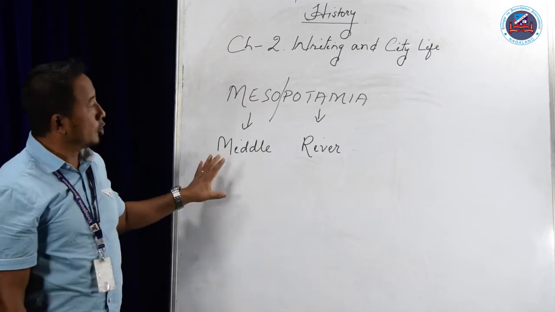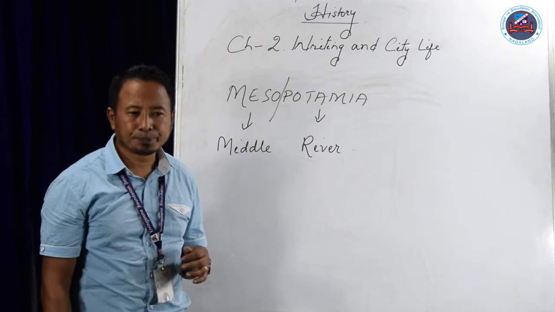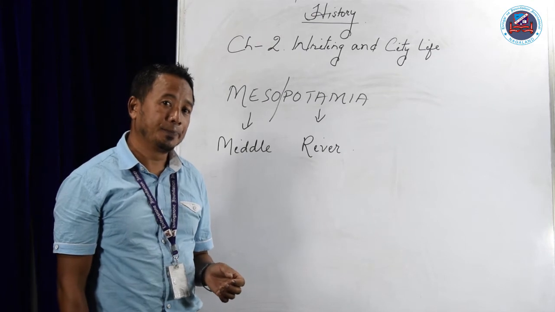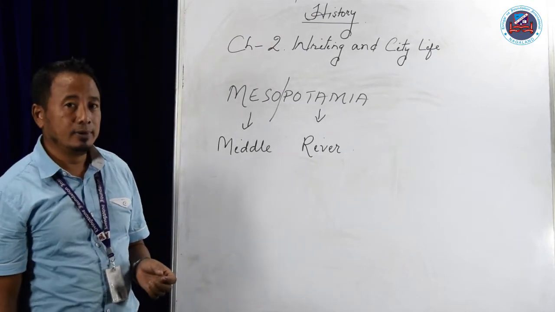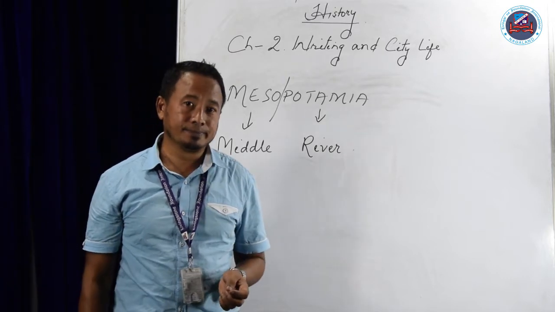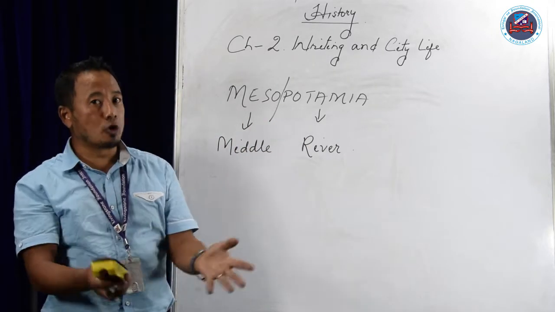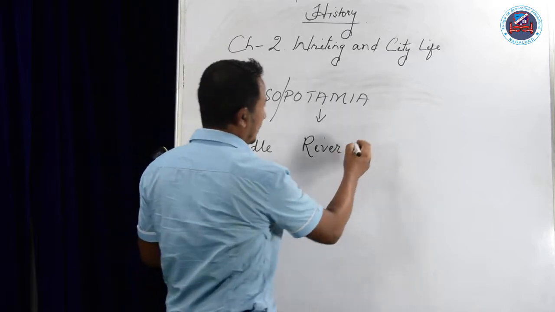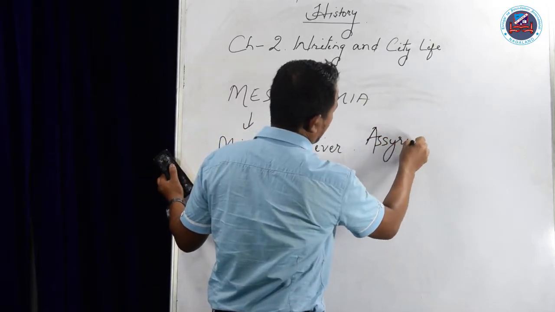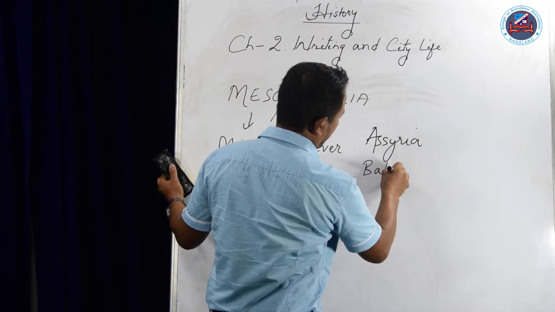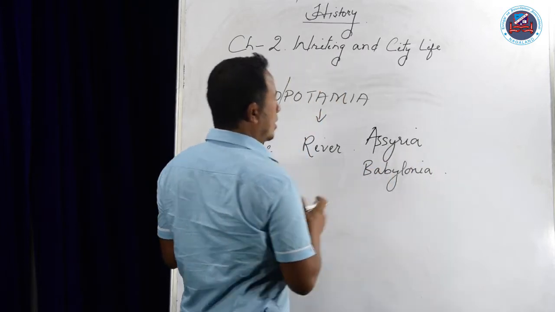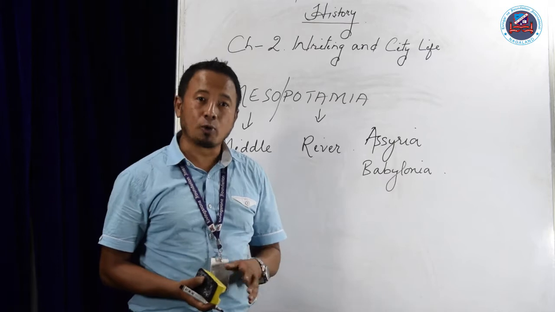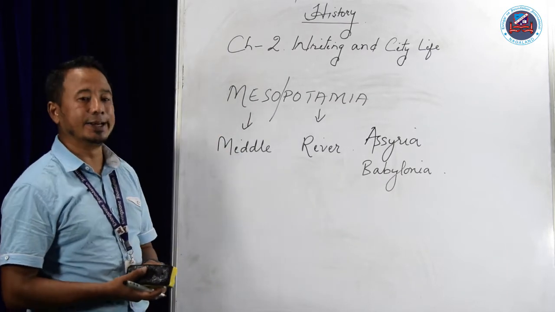Then in the north of Mesopotamia, by 1100 BCE, the Assyrians established their kingdom. So the whole northern portion came to be known as Assyria. So the southern portion of Mesopotamia was known as Babylonia, and the northern portion was known as Assyria.